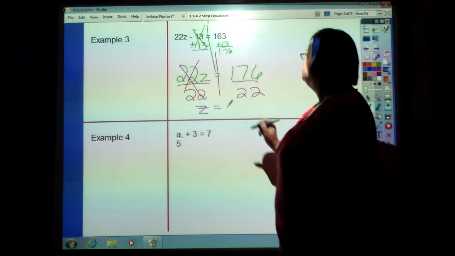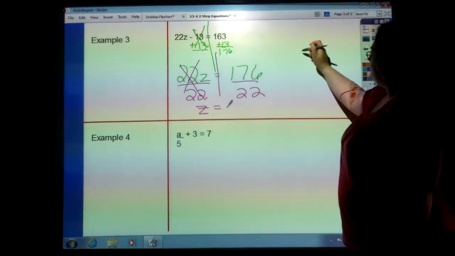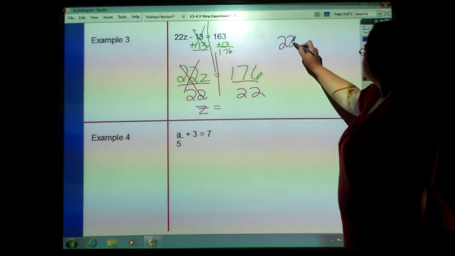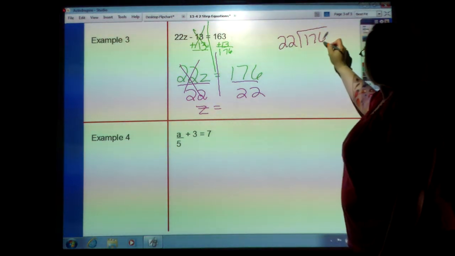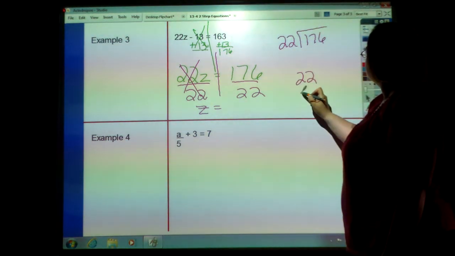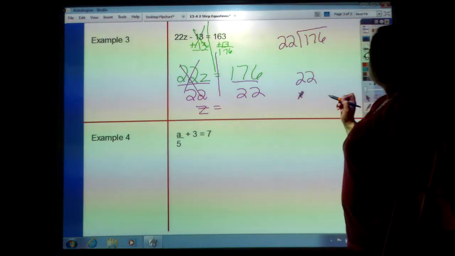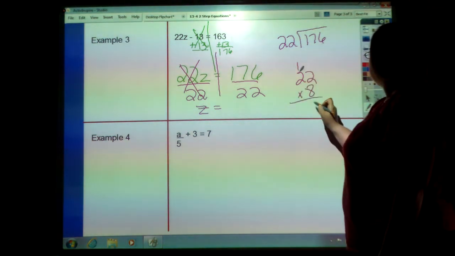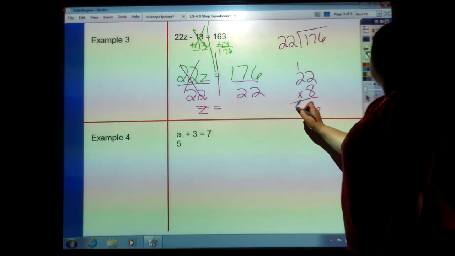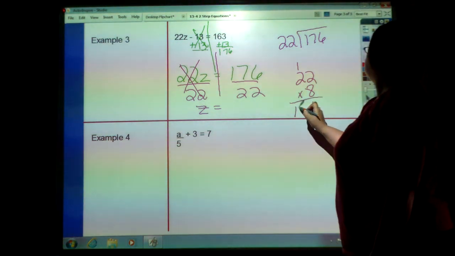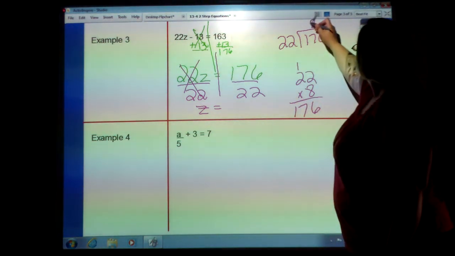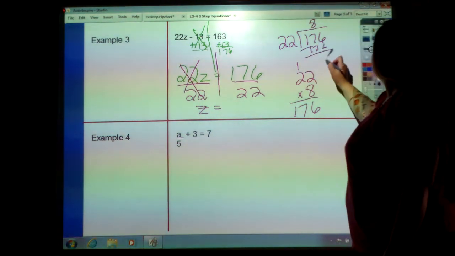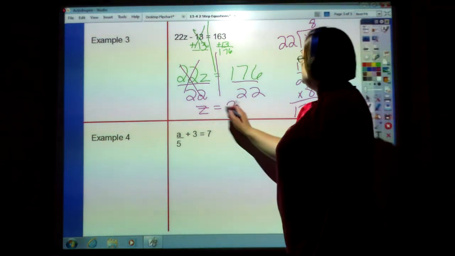And you're left with 22 goes into 176 eight times. So z equals 8.